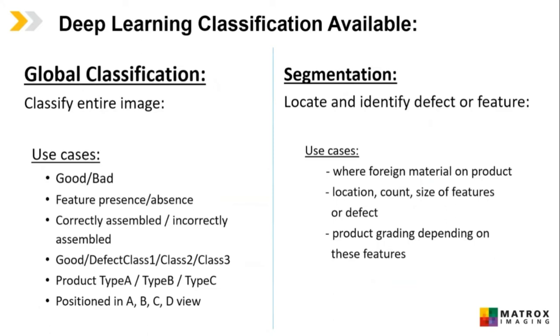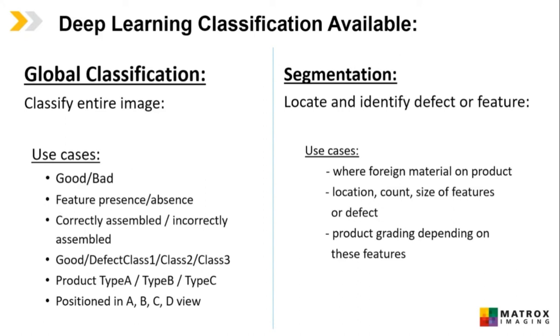So for example, good use cases of this would be to take images of parts and then classify them as either being a go or no go, or good or bad, presence or absence of a feature, or part is correctly assembled or incorrectly assembled, or maybe categorize it into good and different types of defects, right? So defect type 1, defect type 2, and defect type 3.